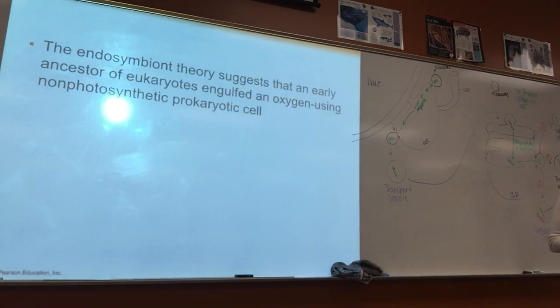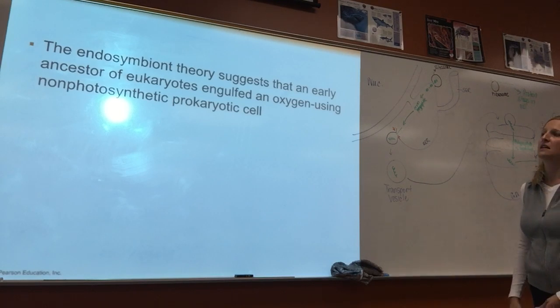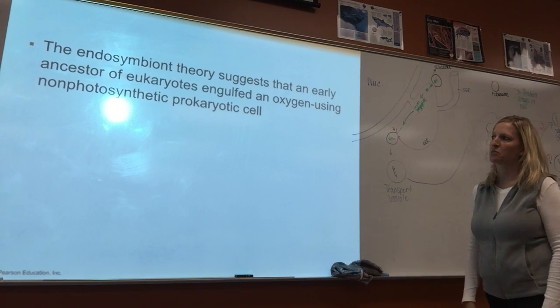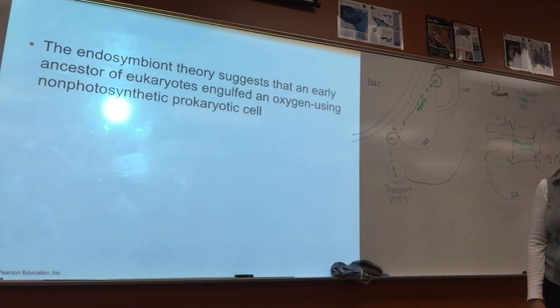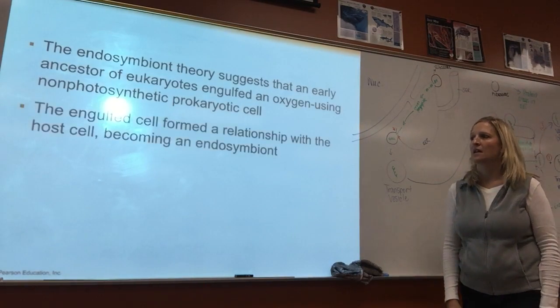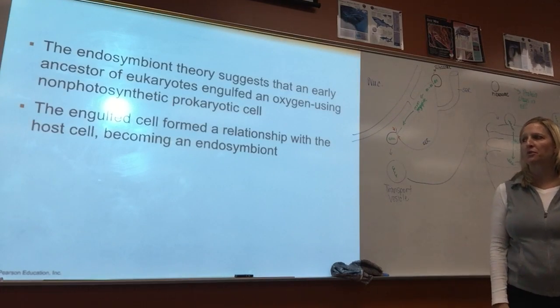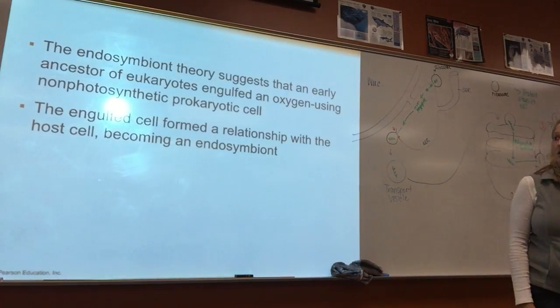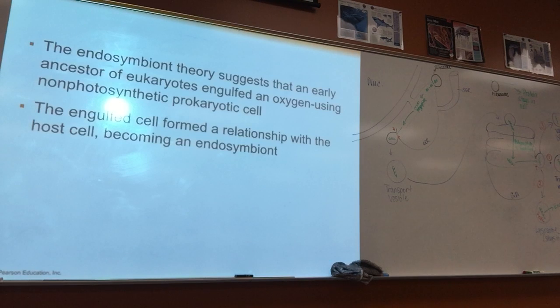So we're going to write about her theory, and then I'm going to show it to you in a picture. Her theory suggests that an early ancestor of eukaryotes engulfed an oxygen-using, non-photosynthetic prokaryotic cell. And that formed a relationship with the host cell, becoming an endosymbiont.